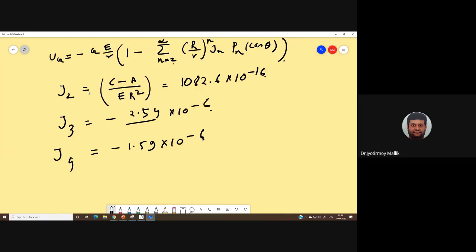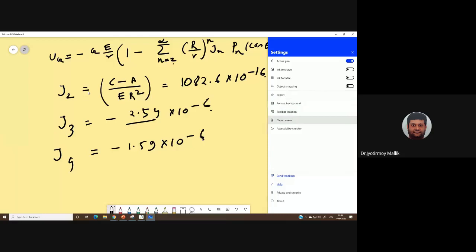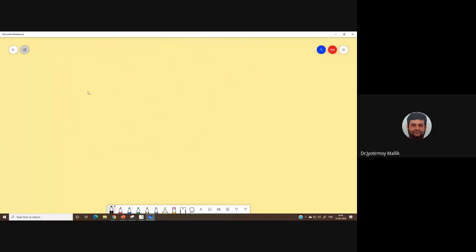Now let me try to explain it once more. Let's write these figures down and try to understand it in a better way. So J2 is equal to 1082 into 10 to the power minus 6. J3 is equal to minus 2.54 into 10 to the power minus 6.